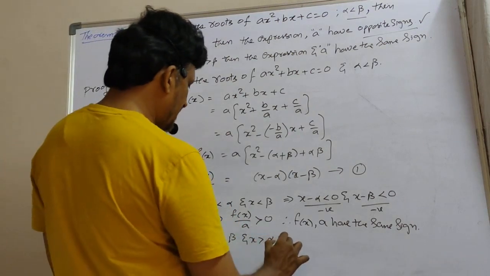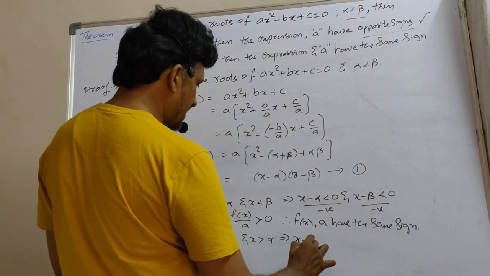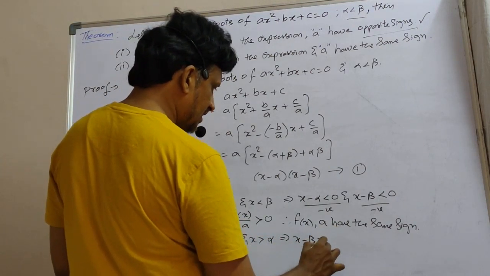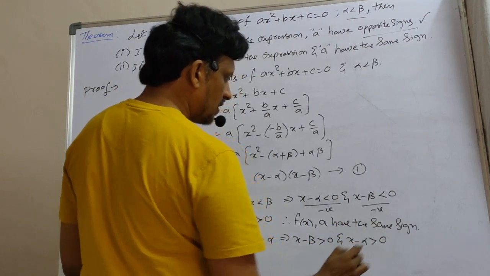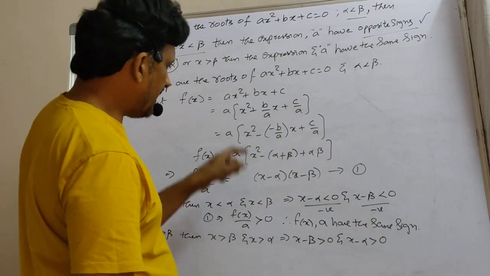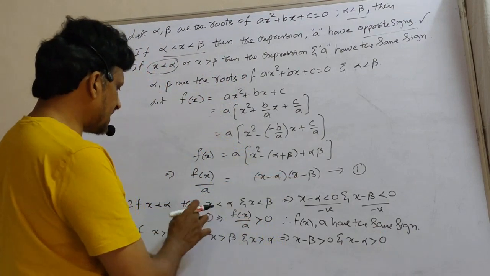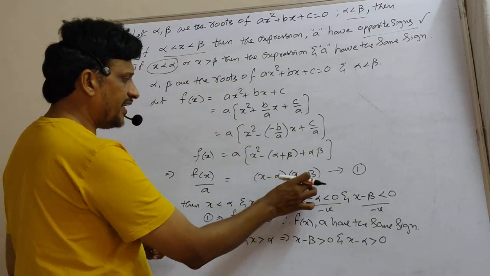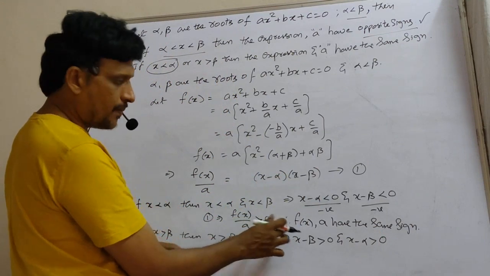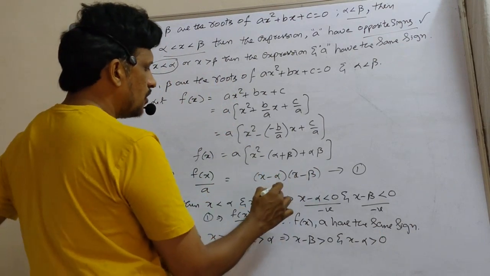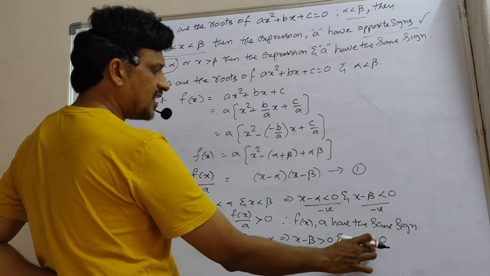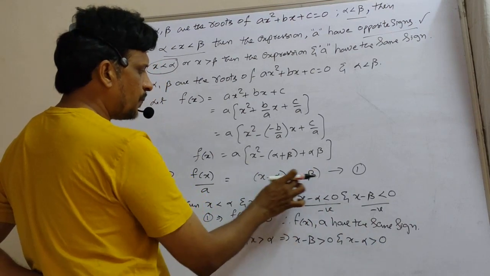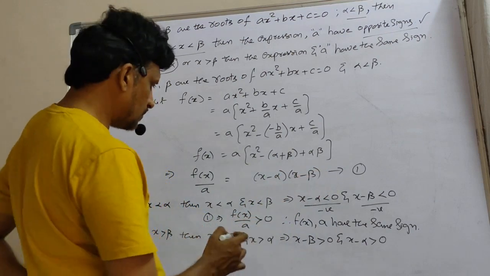So x minus beta is greater than 0 and x minus alpha is also greater than 0. So here again, in the previous case negative into negative will be positive, but here both are positives. So x minus alpha is positive, x minus beta is also positive. Product of two positive numbers is again positive.